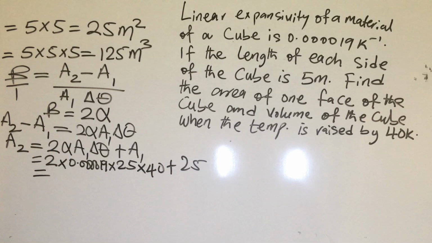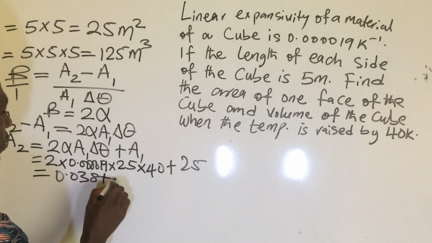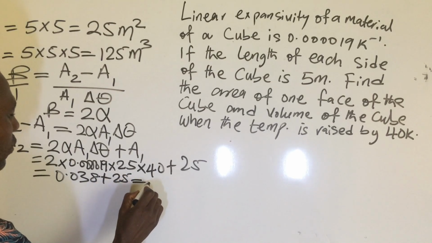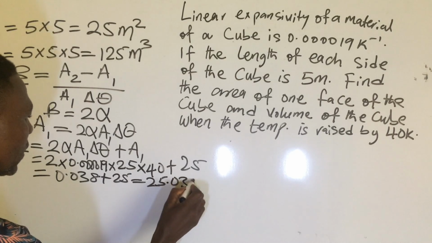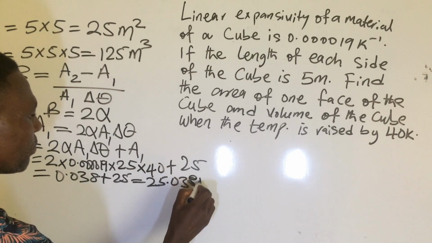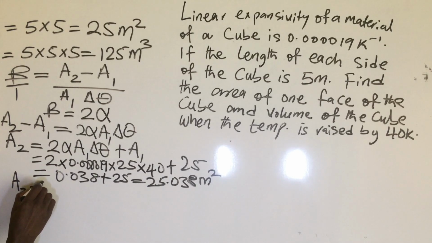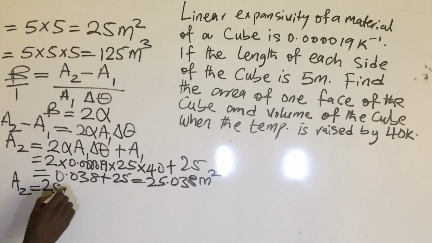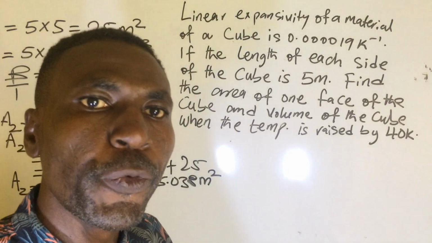We have 0.038 plus 25, and when we add it, it will be 25.038 meter square. So the new area equals 25.038 meter square.